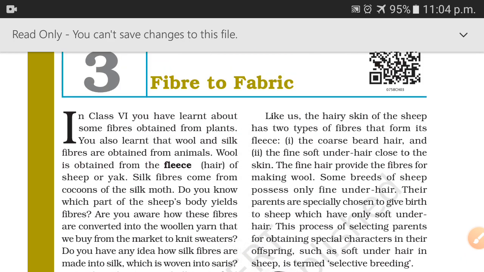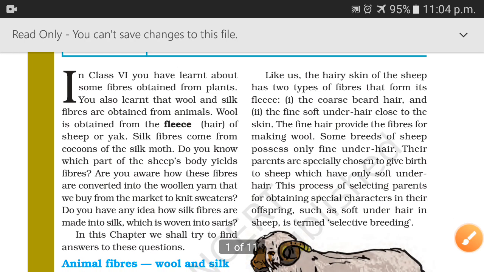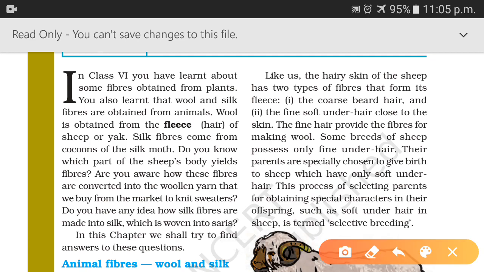See, like us, the hairy skin of the sheep also has 2 types of fibers that form its fleece. Fleece means hairs. What are the 2 types of fibers? First is coarse beard hair, and the second one is fine soft under hair close to the skin.